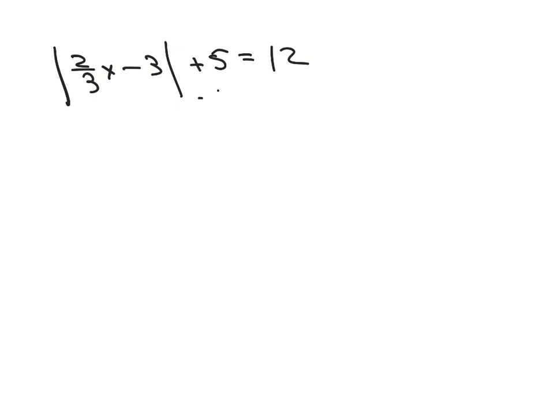So we're going to have to subtract 5 from both sides. Okay. Then we take off the absolute value sign and we make it equal to 7 or negative 7.